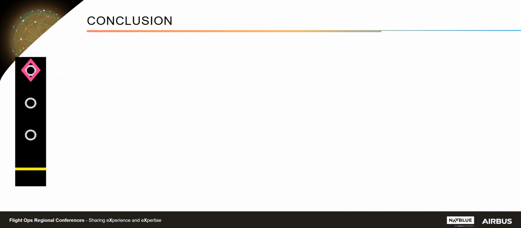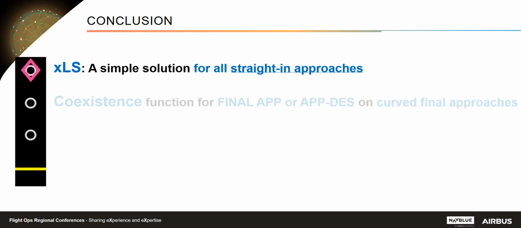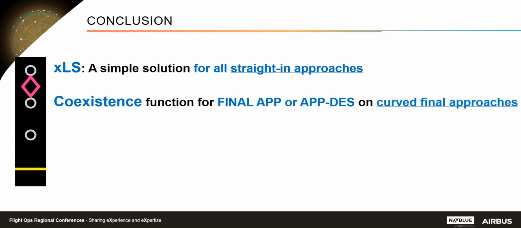To conclude, as requested by pilots, keep it simple was the main driver. So XLS is one simple solution that fits all straight-in approaches. To complete this solution, FINAL APP and APP DES NAV are proposed on curved RNP AR approaches like RNP AR, and it is now proposed on A320 and A330.